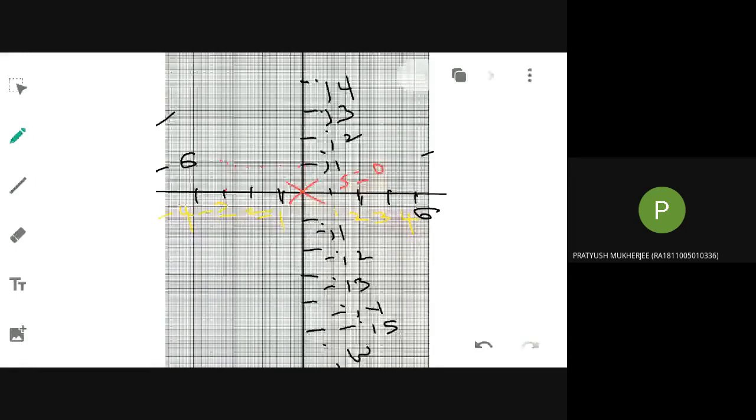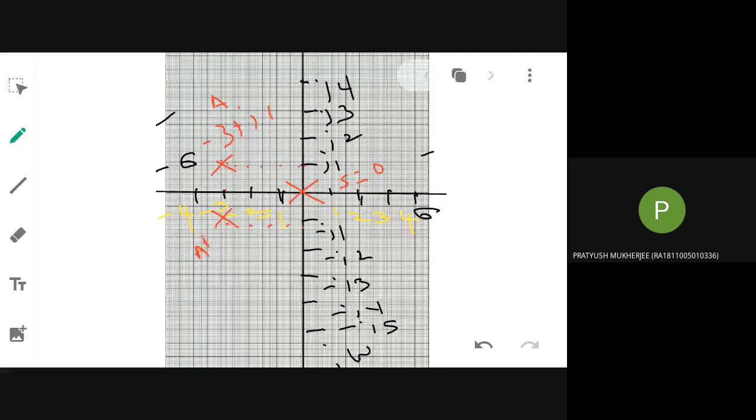So here I will be having two poles. This is your minus 3 plus j1, that is A. This is your A conjugate, that is minus 3 minus j1. So this is your first step: location of poles and zeros. Since this problem does not have zeros, you are not marking them.